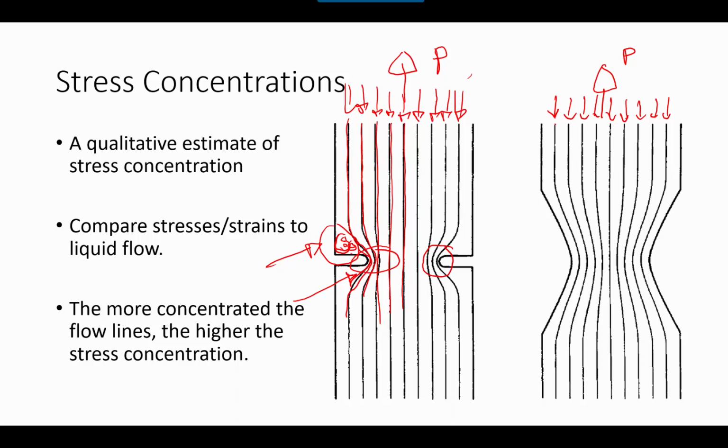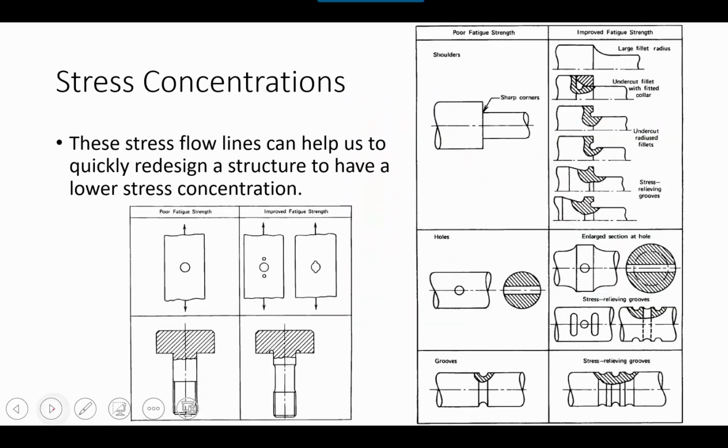We can see that since the change in geometry is much shallower in this structure, the concentration of our fluid flow lines is lower. So we would expect, in this case, if we're comparing the two geometries, a lower stress concentration in this structure. So just based off of this concept of fluid flow, we very quickly can determine between two different designs which one will produce more stress concentration.